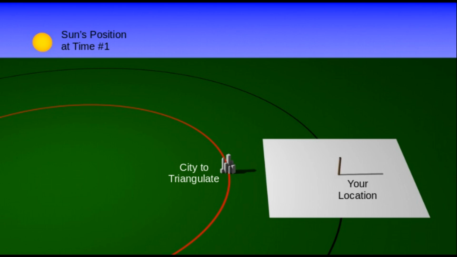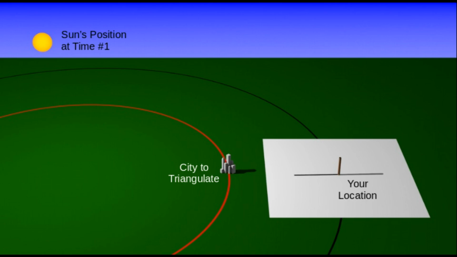So what you do is you plant a stick and you obtain a shadow on the piece of paper from the stick. What you do, you extend the shadow by its own length using a ruler in the opposite direction past the stick. So there's the shadow and there's the line.